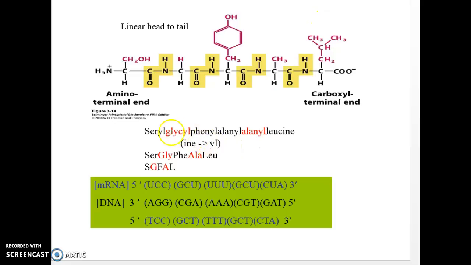So we could use different ways to express these sequences by using the name of amino acid. This is full name, the 3-letter name, 1-letter name.